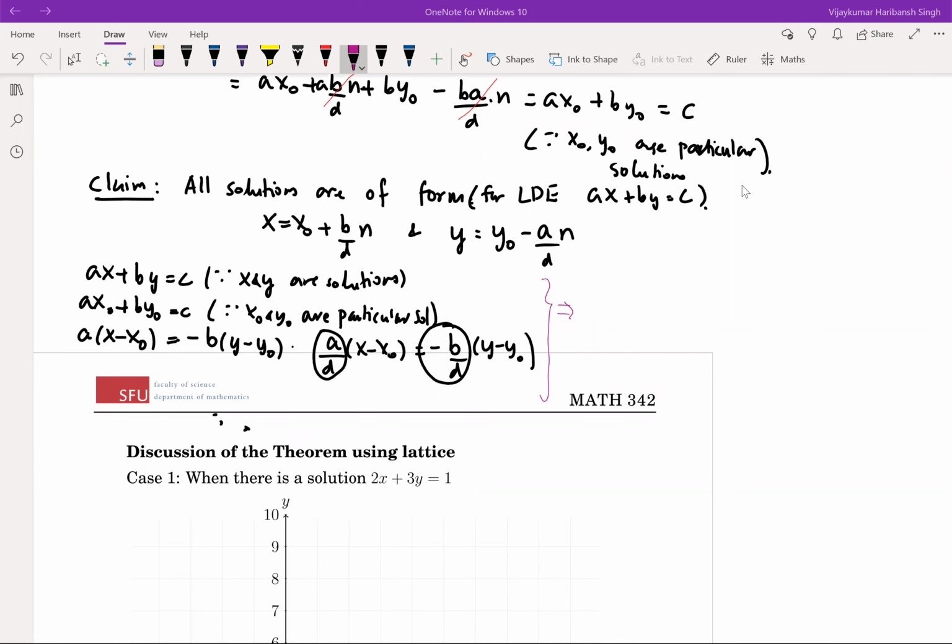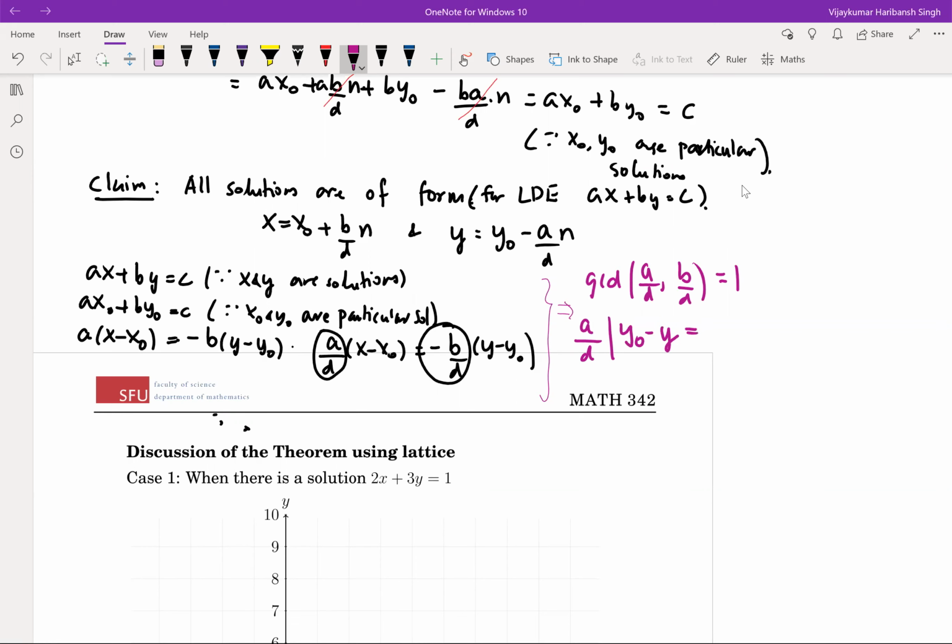So since the GCD of a by d and b by d is 1, that means a by d divides minus of y minus y naught, or divides y naught minus y.